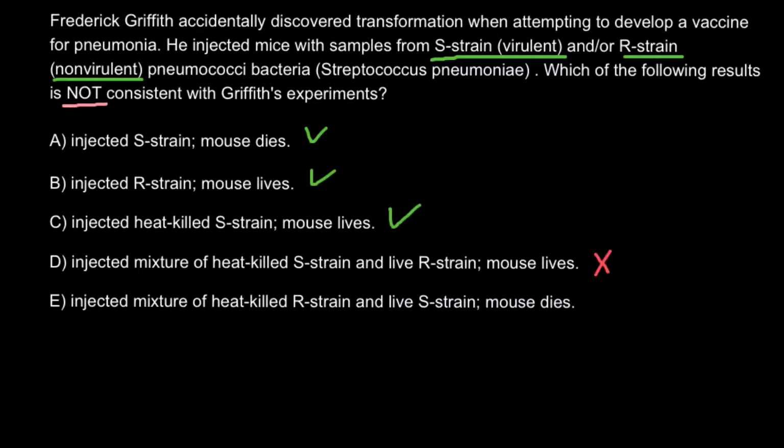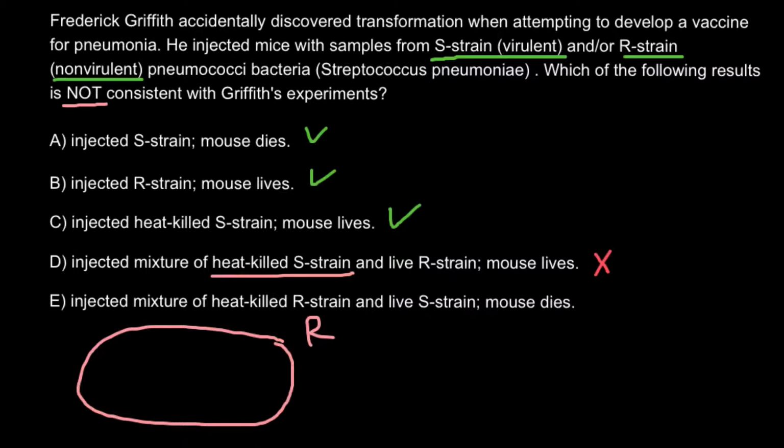This is going to be a cell of the bacteria, and within the blood vessels of the mice it can reproduce, and this is going to be R strain that is not virulent. But these mice were also injected with heat killed S strain, and that means that these bacteria would be degraded within the body of the mice, and their DNA would be fragmented into small pieces.